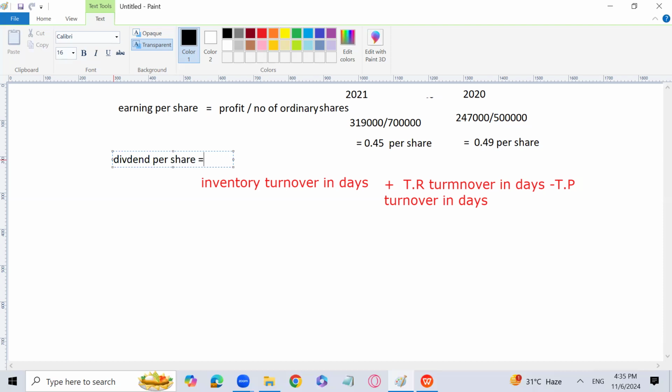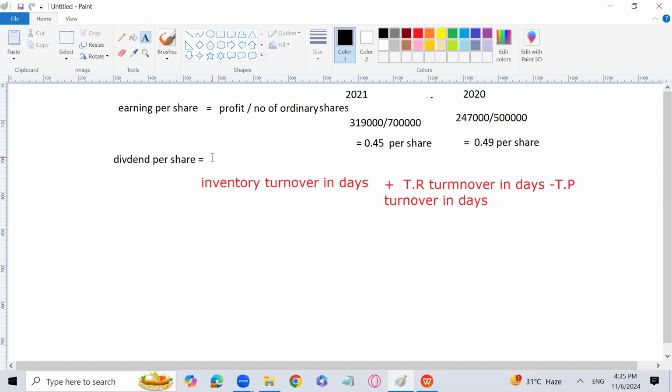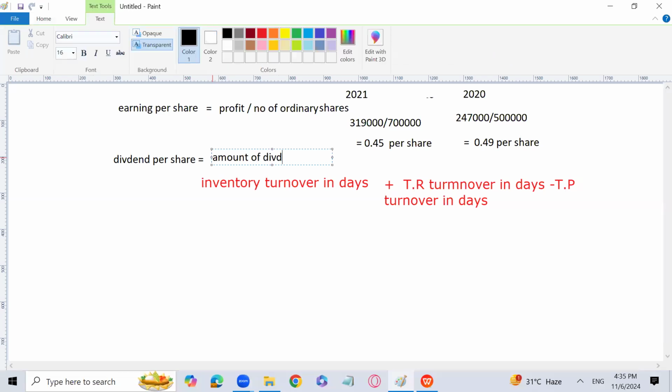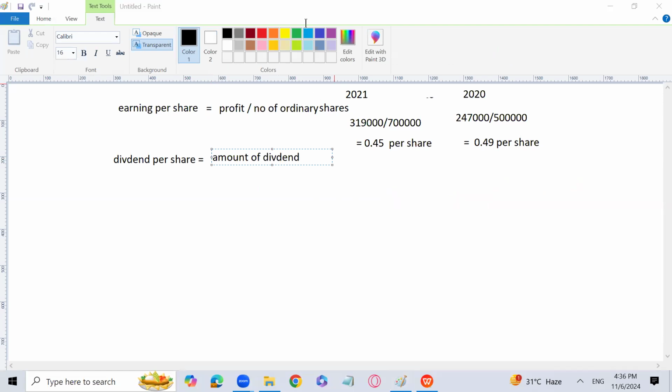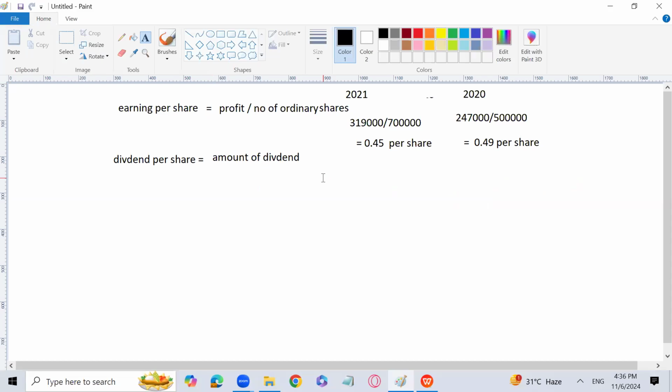Dividend per share is the amount of dividend divided by number of ordinary shares, because we need to find the dividend per share.